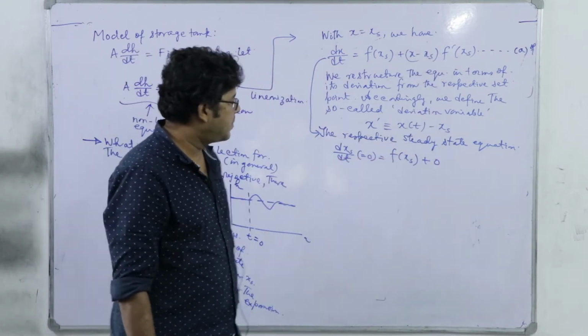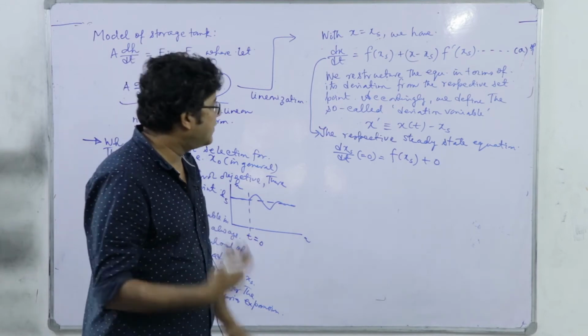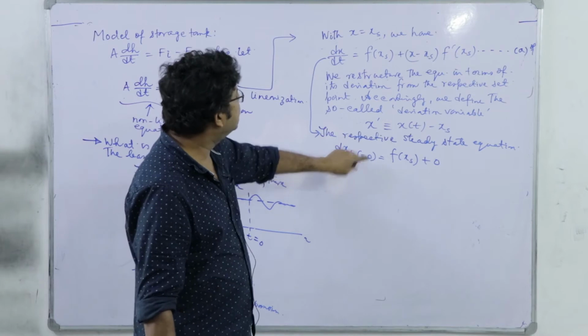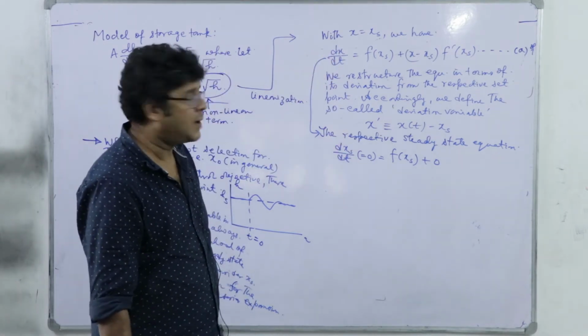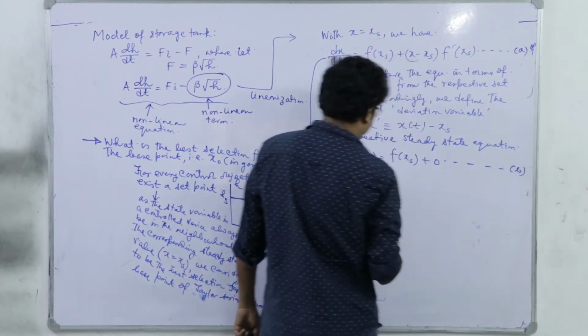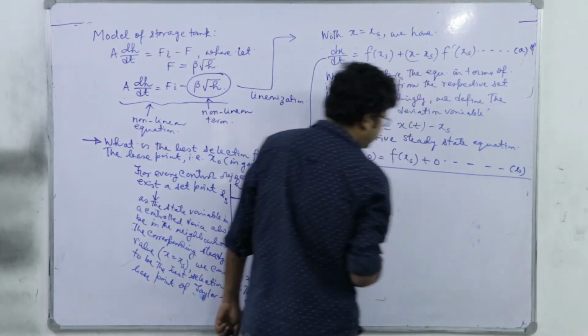So basically the equation reduces to the form f of xs is equal to 0, but we are writing this dxs dt to extract certain mathematical advantage. So this is equation B. So we subtract.